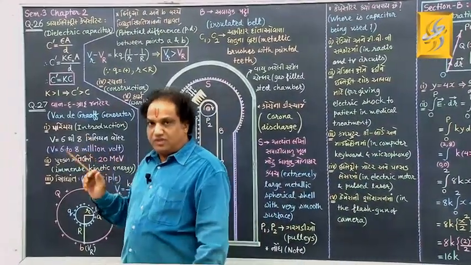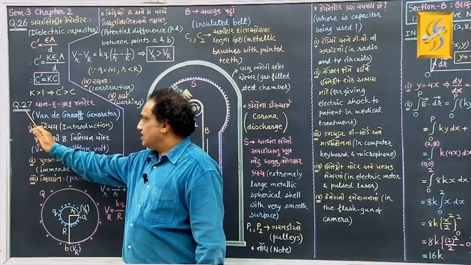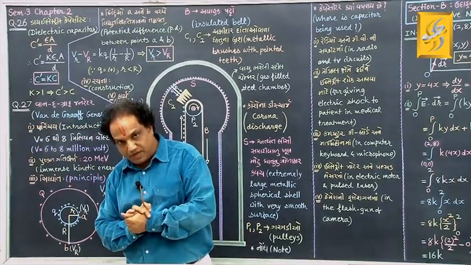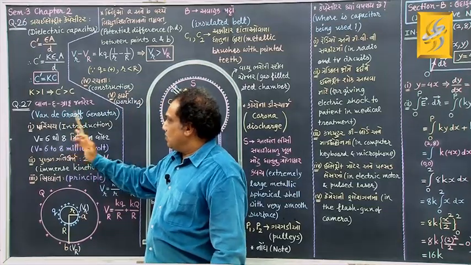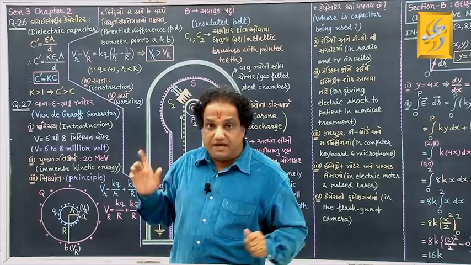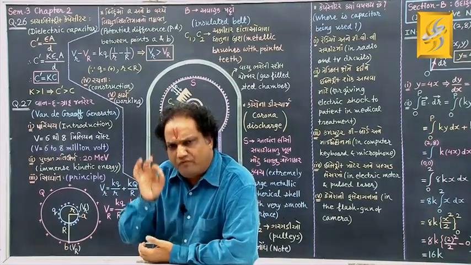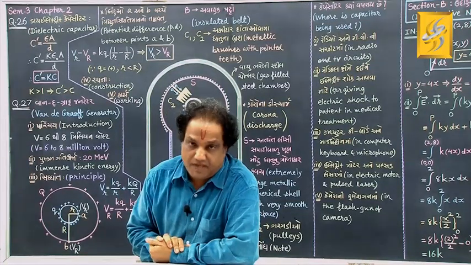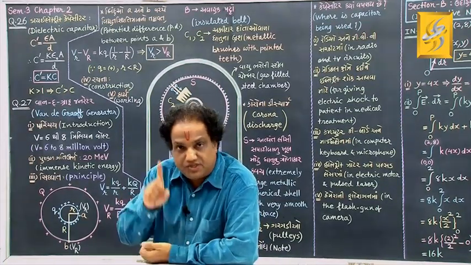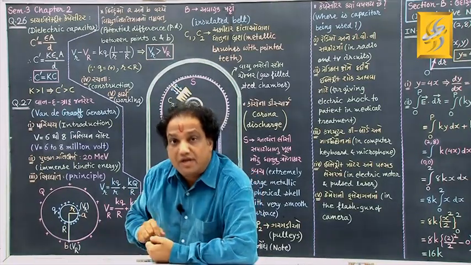Now we begin with a short note about the Van de Graaff generator in question number 27. Let me introduce this device. Here is the device using which we can have very high potential, as high as 6 to 8 million volt.